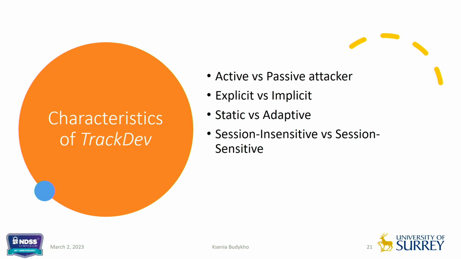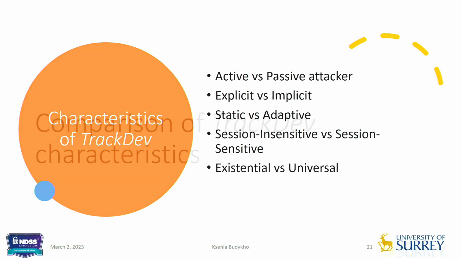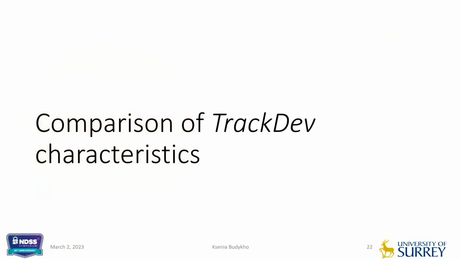So far we've covered the active versus passive attacker, explicit versus implicit, static versus adaptive, and session insensitive versus session sensitive. We do also have existential and universal types of trackability, but these are standard, where existential is at least one identifier is trackable and universal is where all of the identifiers are trackable. So how do these characteristics compare between each other?